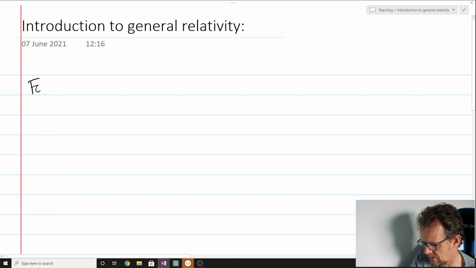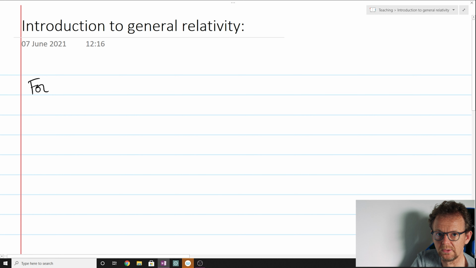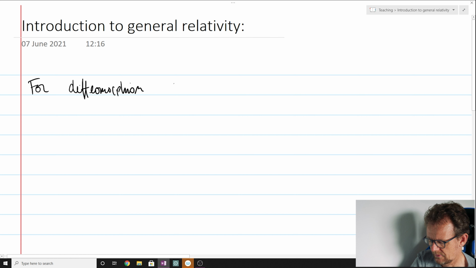Before that, we just have to spend a little bit more time discussing diffeomorphisms and the gauge structure of general relativity before we look at infinitesimal diffeomorphisms. So if we have a diffeomorphism phi between two manifolds M and N, then, as I emphasized in a very early lecture in this course, the manifolds M and N have identical manifold structure.